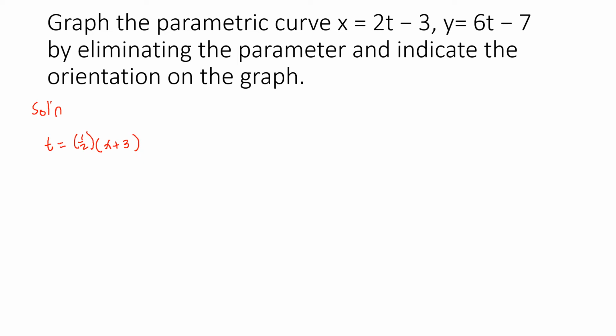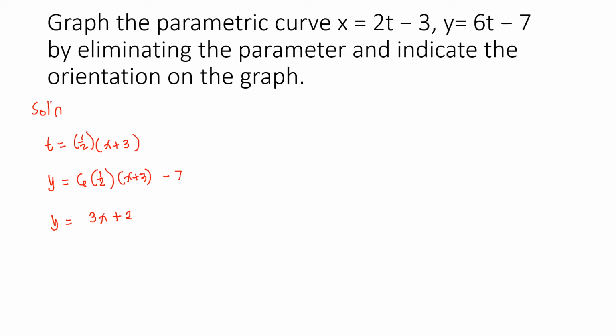And then you can now solve for y, which is equal to 6 times 1/2 times x plus 3 minus 7. Simplify, y is equal to 3x plus 2. So the graph is a line with slope 3 and y-intercept 2.